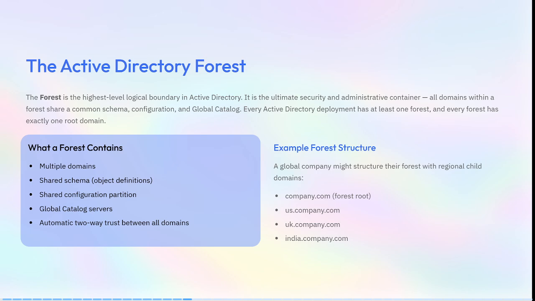If you have multiple branches, for example, one branch in the US, one in the UK, and one in India, then there is the forest company.com, and these are all child domains. US, UK, India, these all are the child domains, we will call them.